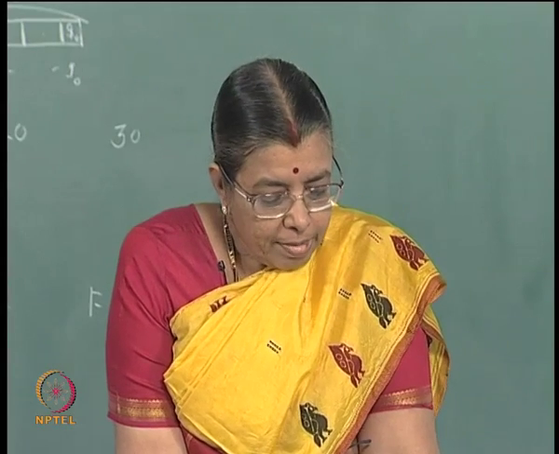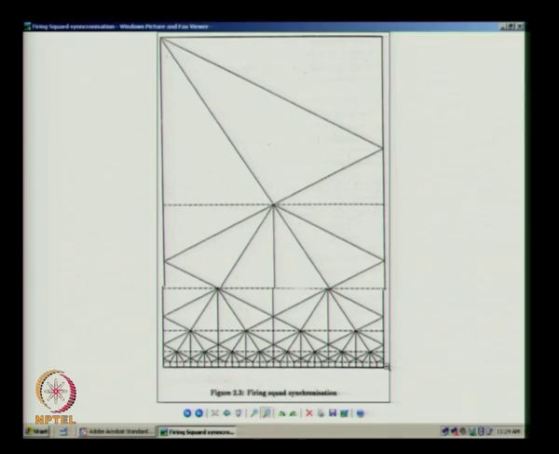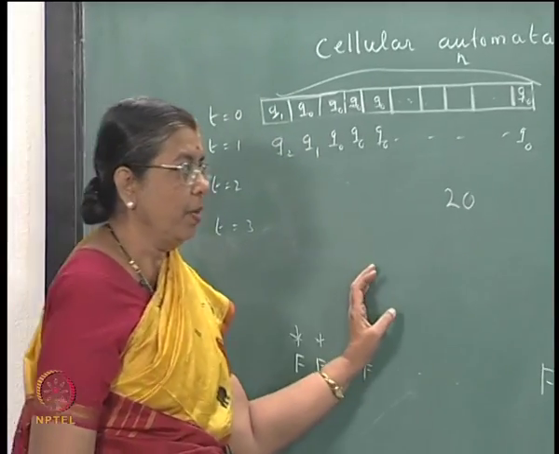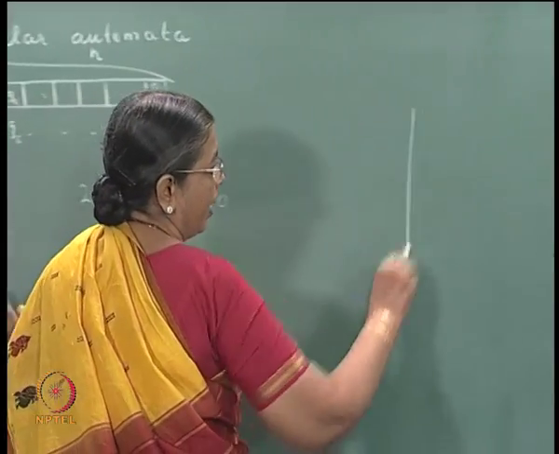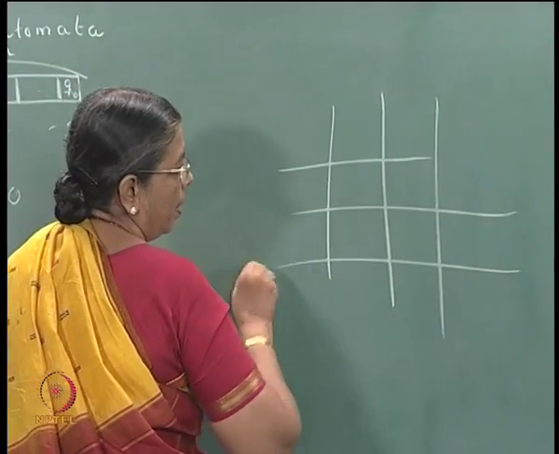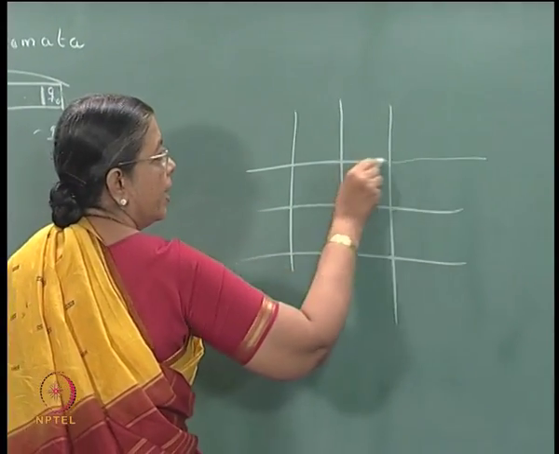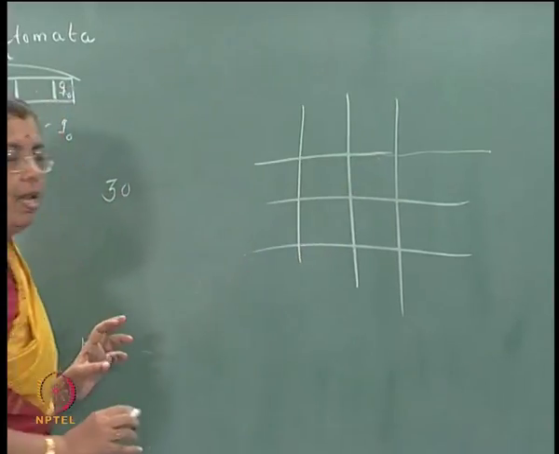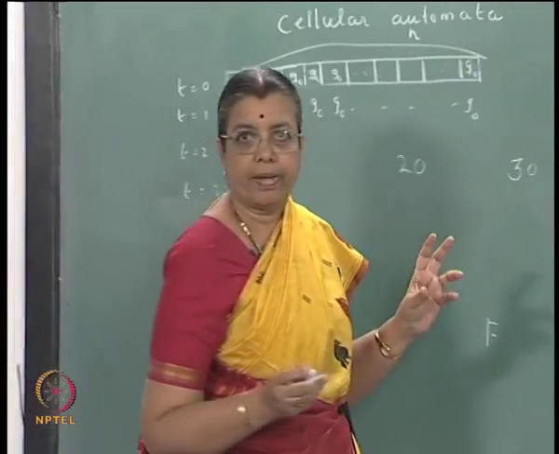Okay. This has been considered for a long time, and having discussed this, I will also mention what is meant by a cellular automata. This is called a cellular automata. You also have 2-dimensional cellular automata. You have cells, on each cell you have a finite state automaton.